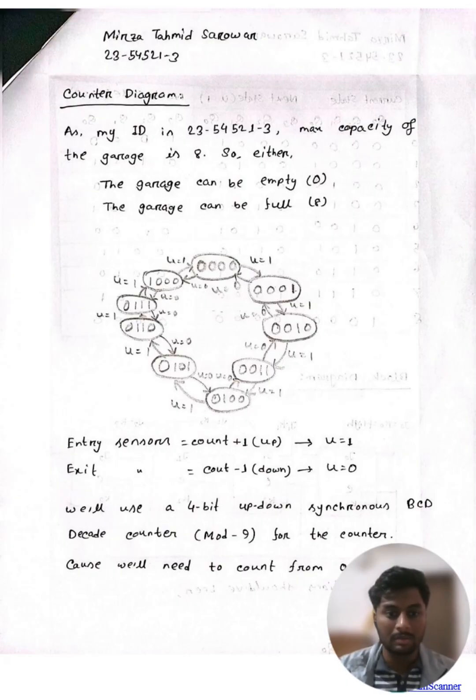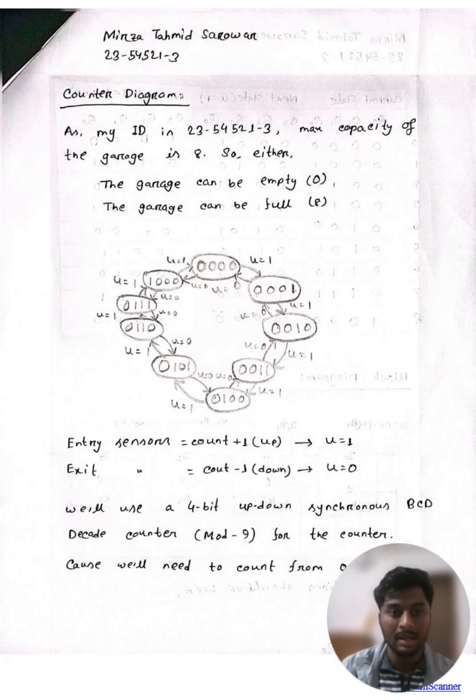Now, in the counter diagram, this block represents the 4-bit synchronous up-down counter. Internally, it is built using flip-flops, but I used the complete counter block to simplify the design and improve reliability. According to my ID, the count is 8 for the maximum capacity.